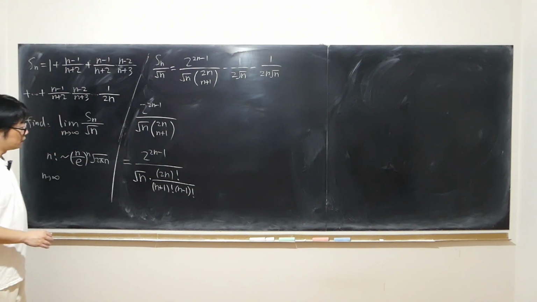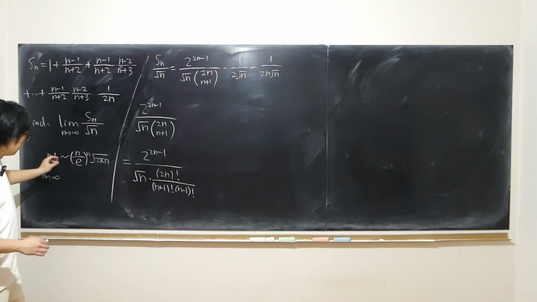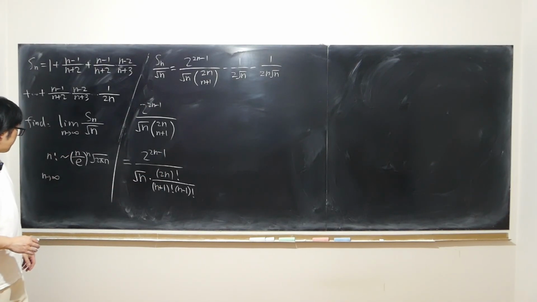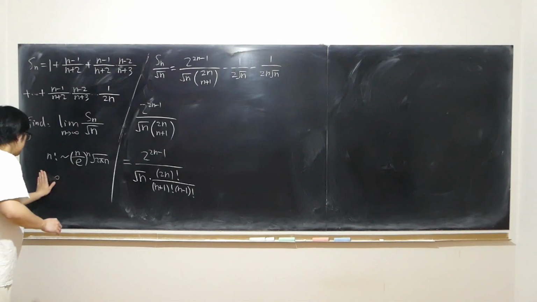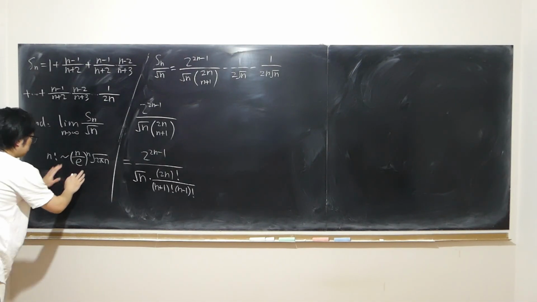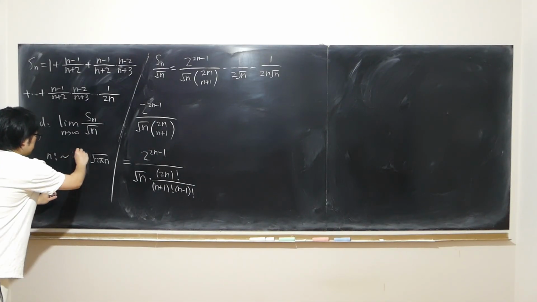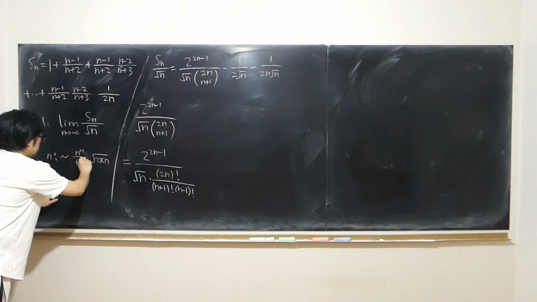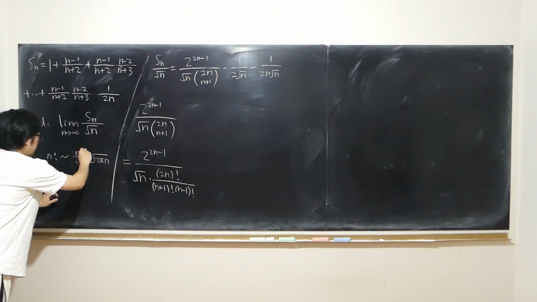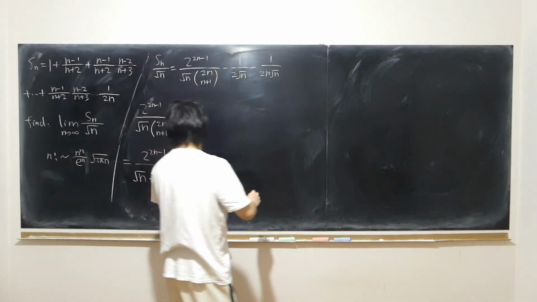So here, if you have 2n factorial, just change n into 2n. Maybe I can even write it distributing the power: n to the n, e to the n. Let's use that, because we can cancel out many terms in here.